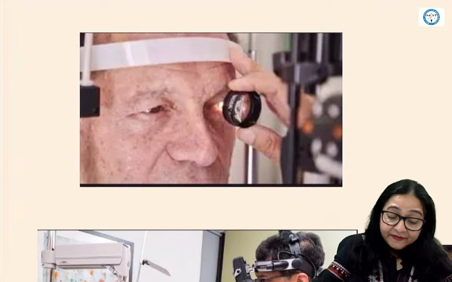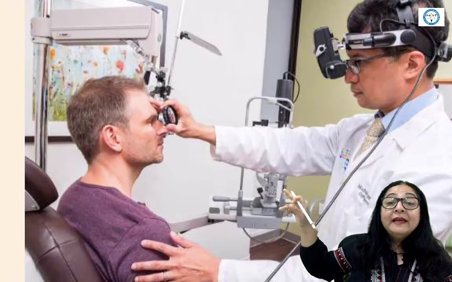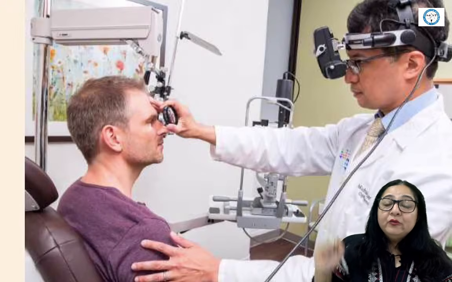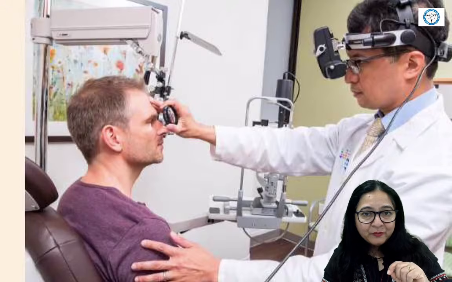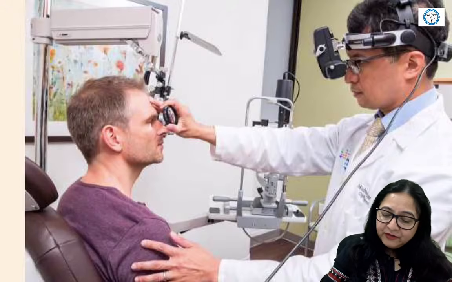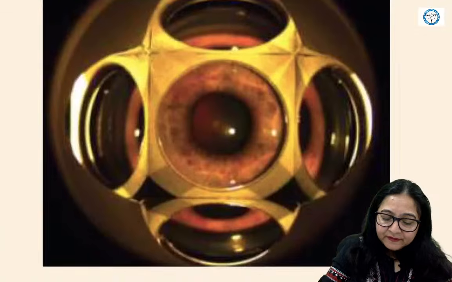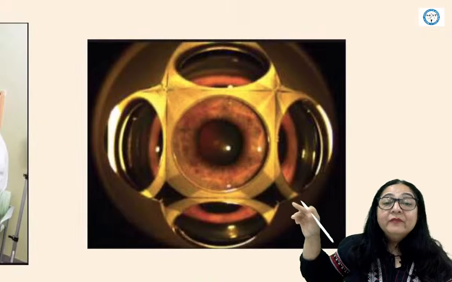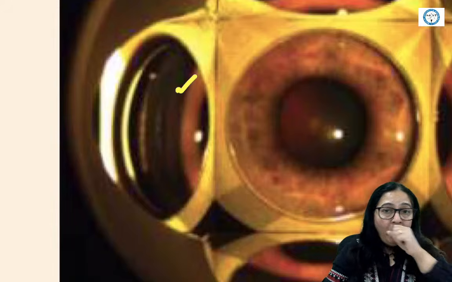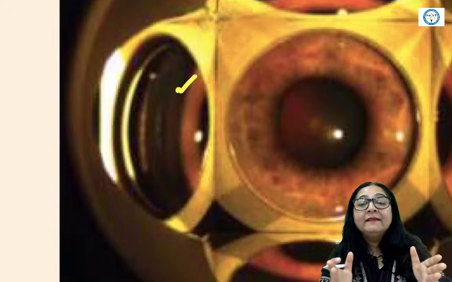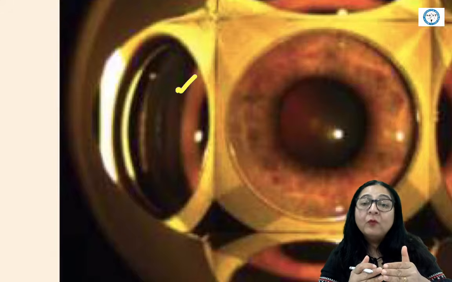This is the 20 diopter lens, condensing lens, which is being used for indirect ophthalmoscopy. And this is the 4 mirror lens which is used for angle of anterior chamber. So this is actually showing you whether the angles are open or narrow or closed.